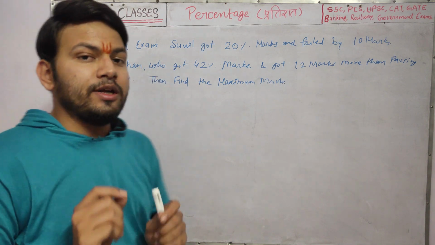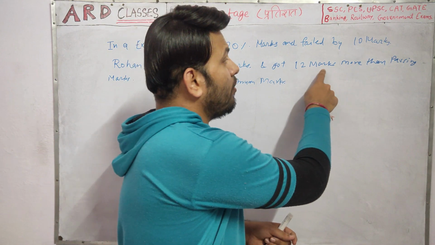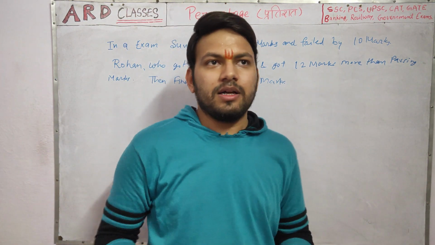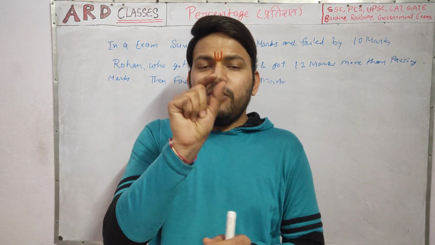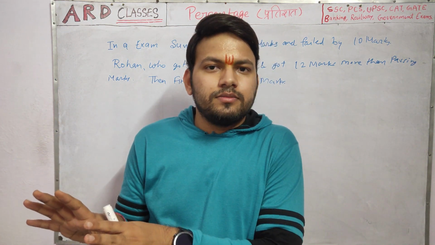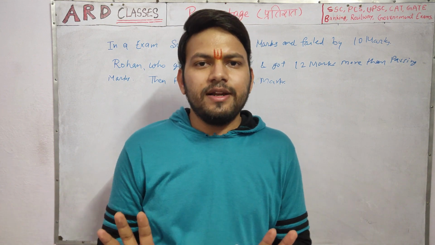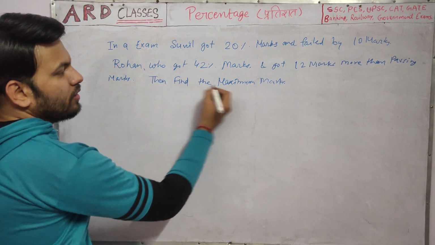Rohan, who got 42% marks, got 12 marks more than passing marks. So it means Rohan's 42% marks, if we minus 12, then it will come to passing marks. You guys clear?